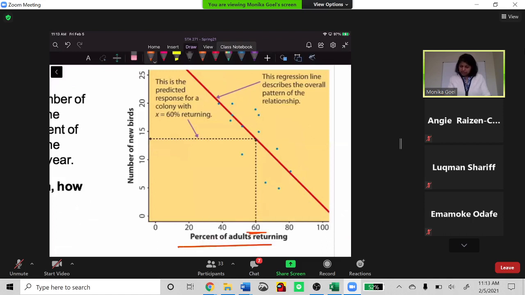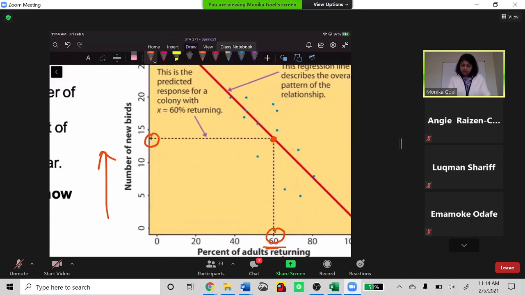How much is the value of y, or the number of birds? So I will go and see where this point is on my line, and I can see that when my x is 60, my y is between 13 and 15, so it's somewhere between 14 and 15. This is the value that I just get from the scatter plot.